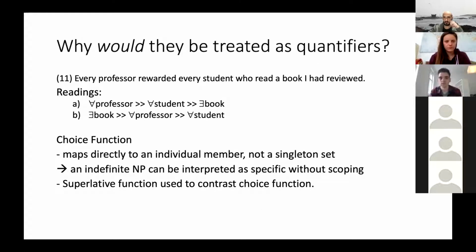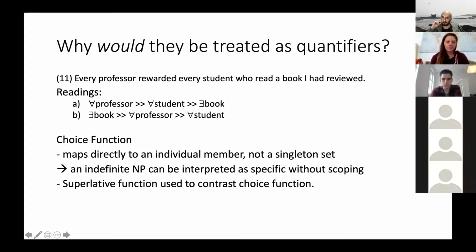Now we're going to discuss why indefinites would be treated as quantifiers. The central question in this paper is whether they are quantifiers or not. I've already mentioned some facts that suggest that they aren't. But there are also some facts that suggest that they are, especially if you look at children's grammar, because in child language, indefinites must be treated as quantifiers.